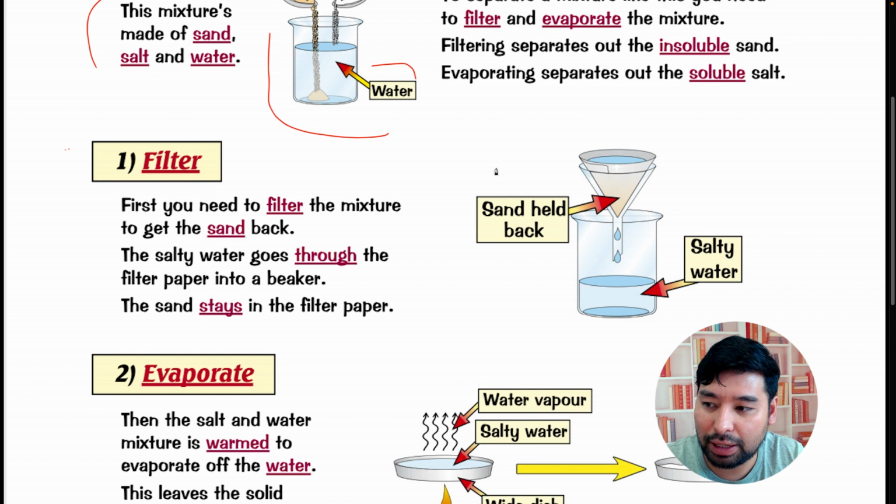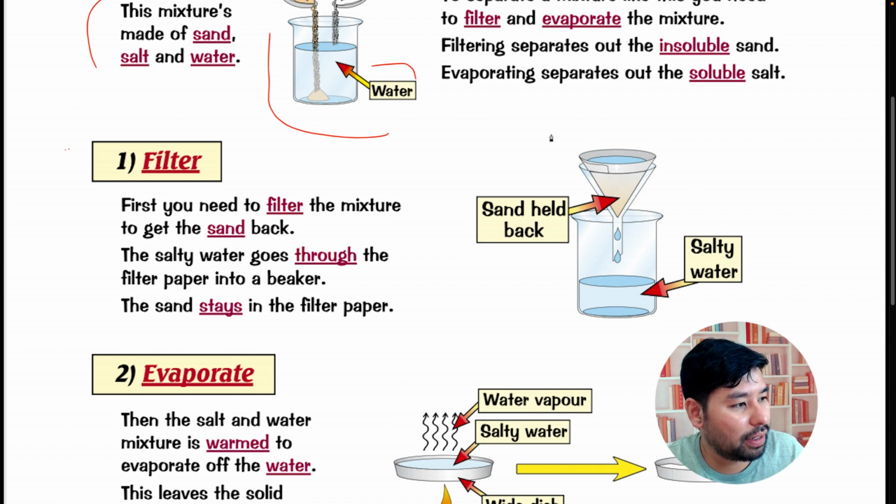Let's filter it to get the sand. And the salty water goes through the filter paper because it's very thin, and it mixes in a way that it disappears. So it's gonna go through the filter paper into a beaker, and the sand stays in the filter paper.